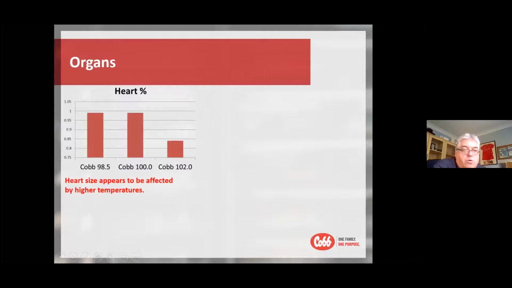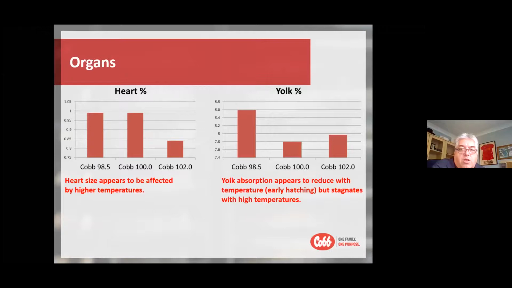We also looked at the organs, starting with the heart. You can see there was no difference between the low temperature and the ideal temperature, but the high temperature shows that heart size was affected by higher temperatures. On yolk absorption, the low temperature had poor absorption because those chicks were fresh and, being later hatching, haven't had time to absorb the yolk as much.